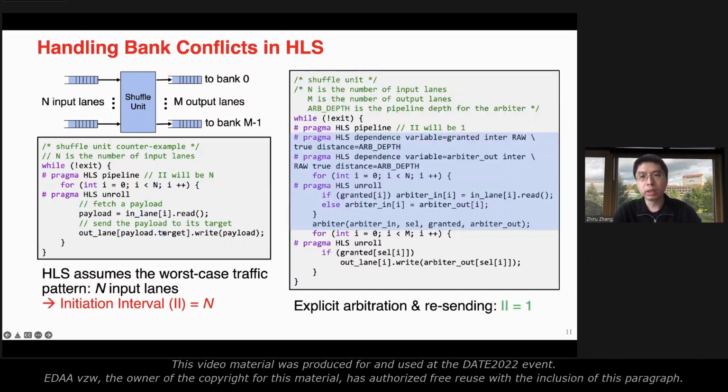So that's where we have to specifically design a shuffle unit in HLS. We have to design this routing arbitration logic at a lower level using more low-level code. Okay, I'm not going to get into detail here. I personally think that this actually opens up many research opportunities for better HLS tools, especially to handle this kind of sparse processing.